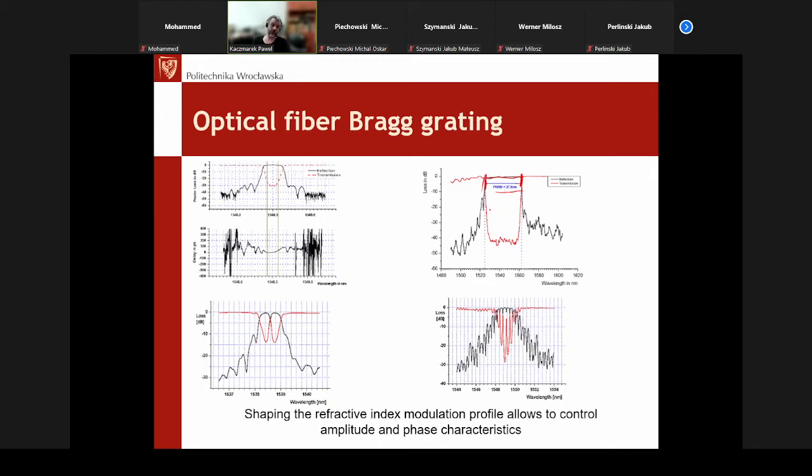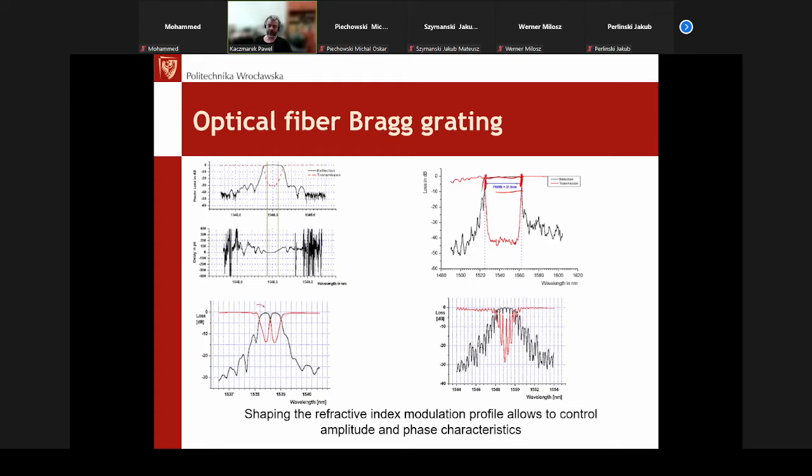So we can, for example, separate not one single channel from the others, but quite big bands from other bands, for example filtering out the third telecommunication window signal from the second telecommunication window signal. So we can separate them quite easily.